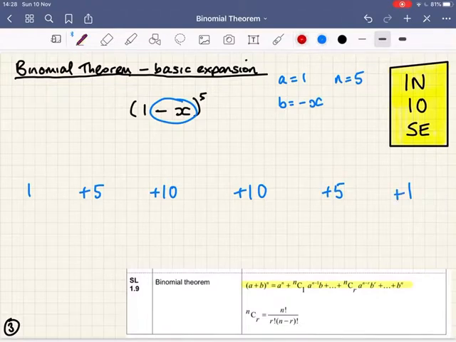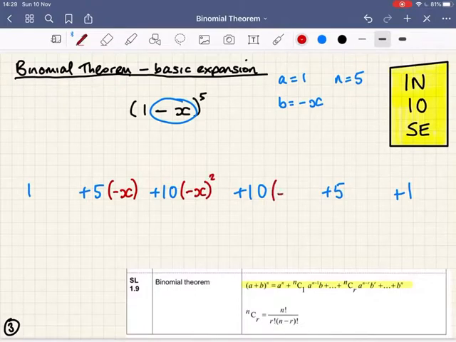Like before, I can ignore the 1s now, because 1 to the power of anything is going to stay as 1. So the first term is just going to be 1. Second one is going to be 1 to the power of 4, I can ignore that, and then times b, and my value for b here is, careful, minus x, not just x. The second term, it's going to be negative x squared.